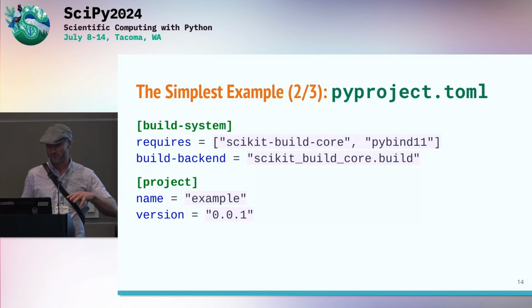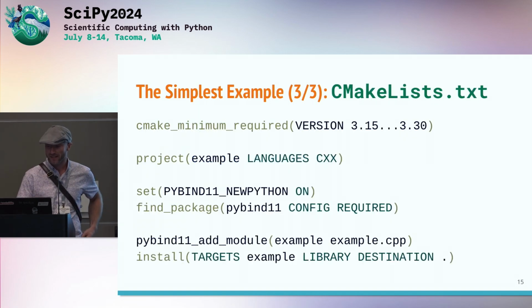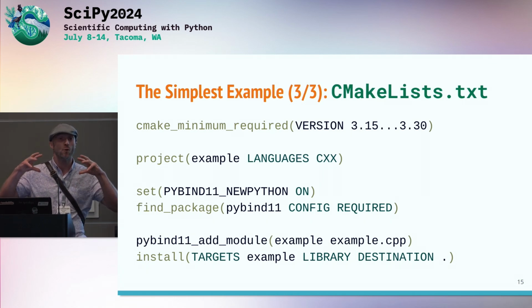But under the hood, by leveraging the build backend, it will make sure that everything else you need is available. And it will call CMake, generate the Makefile on Linux, or the Ninja file, or the Visual Studio file. In the CMake file itself, we specify the version of CMake we are working with. We have the name of the project. And here we're going to discover pybind11 provides us some nice functionality to create our module.